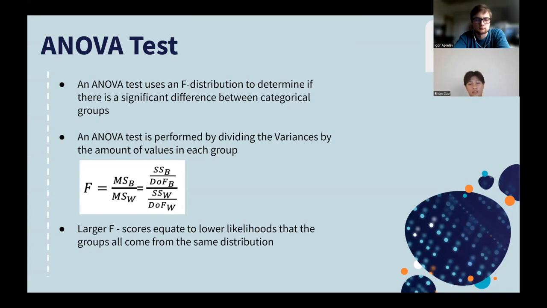So an F score is like a Z score, or like the chi-squared value, in that it's the result that you get from performing the statistical test. And by looking at the regular distribution of an F distribution, you can tell whether or not this result was likely to have occurred by chance or not.